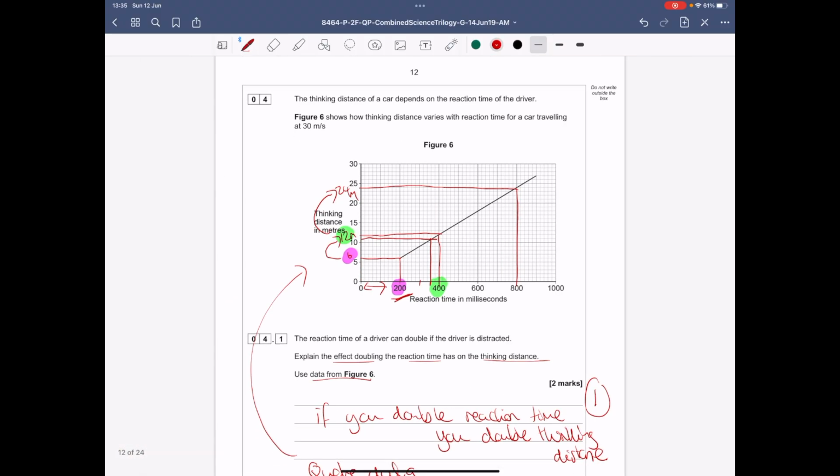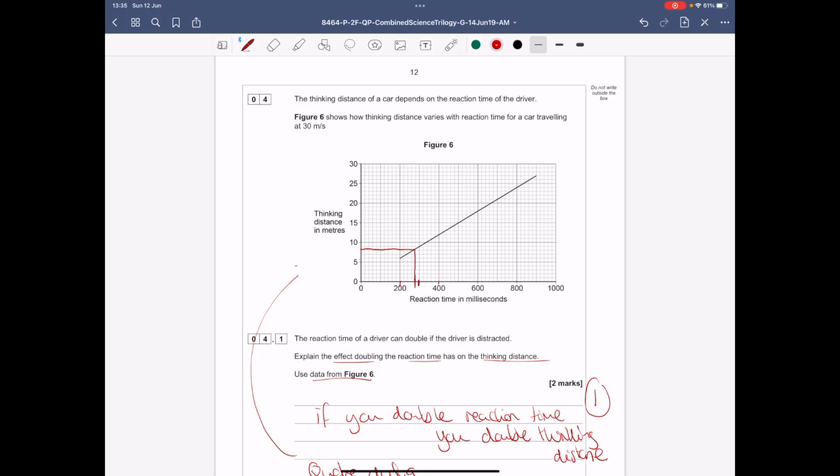So we can go back to the graph, and we can see that 280, where if I go to 200 and 400, 300 will be bang in the middle. Each little square is worth 20, so 280 would be that one going along, so I can see it's roughly about 8 meters.